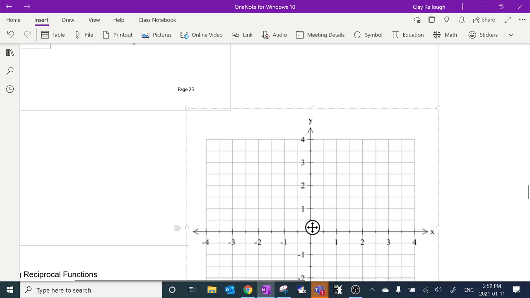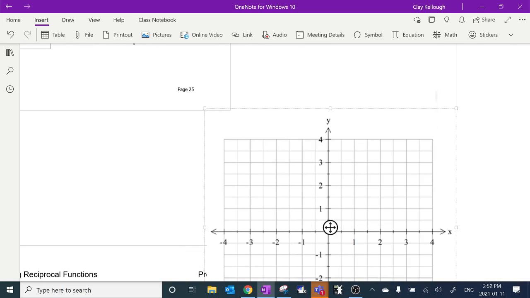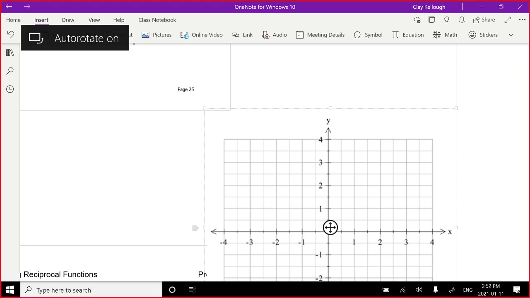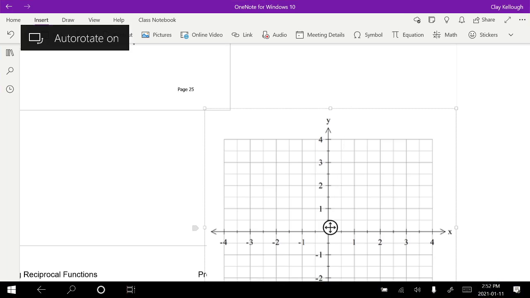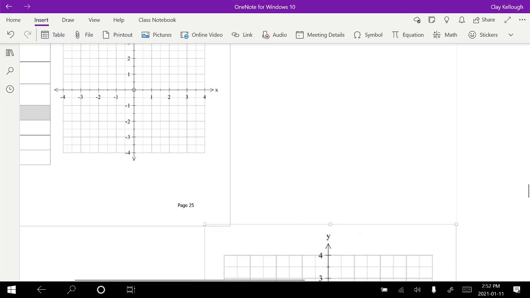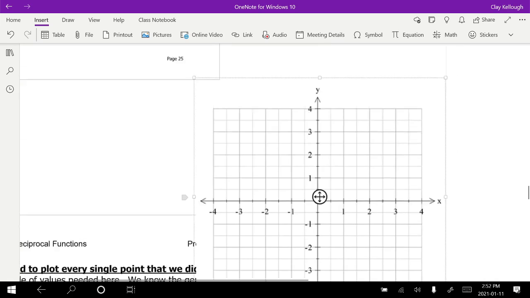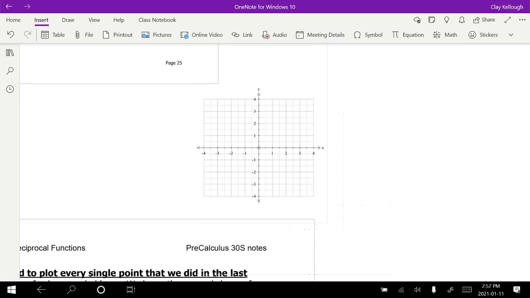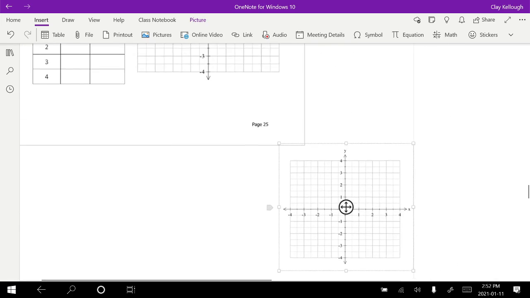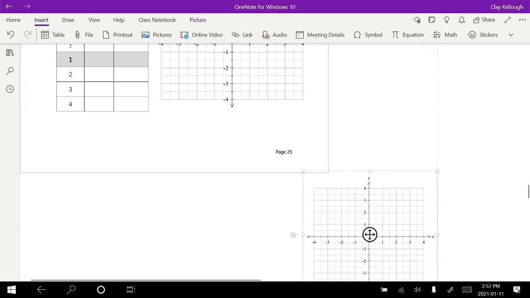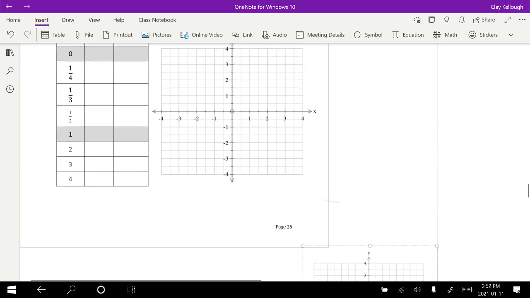Come on. Okay, maybe if I just flipped it over, that would help. Oh, still doesn't do what I want it to do. What if I shrunk it and then tried to move it? Would it move better if it was shrunk? Nope. Oh well.